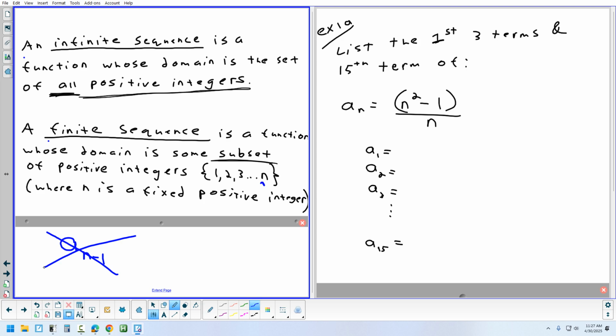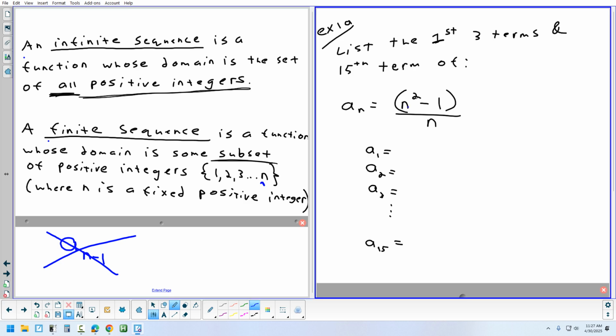So let's start with the first term. If I want to find the first term in that sequence, what number would I plug in for n? 1. What's 1 squared? 1 minus 1 divided by 1. So what's going to be my first term in that sequence? 0. Yep. What number would I plug in for n if I want to find the second term? 2.